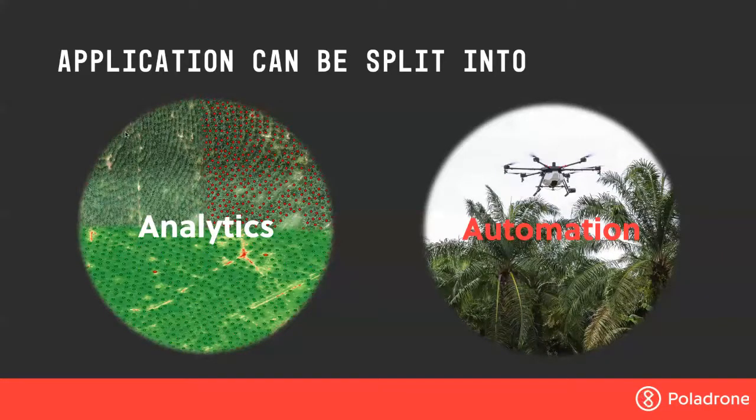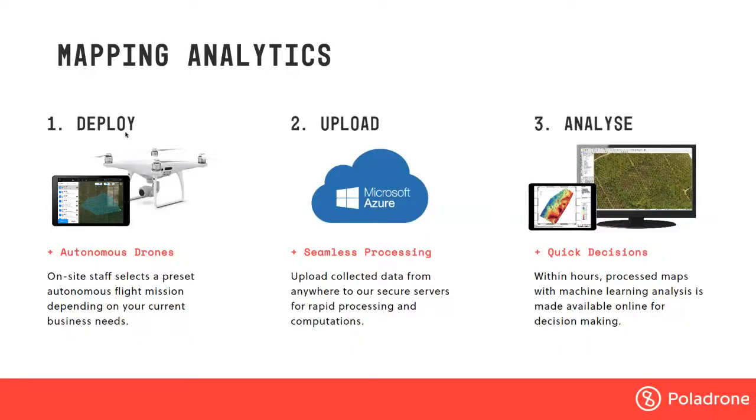The first is analytics, providing different analyses to the plantation owner, and the second is automation, using spraying drones to replace manual workers. Let's start with the mapping analytics.